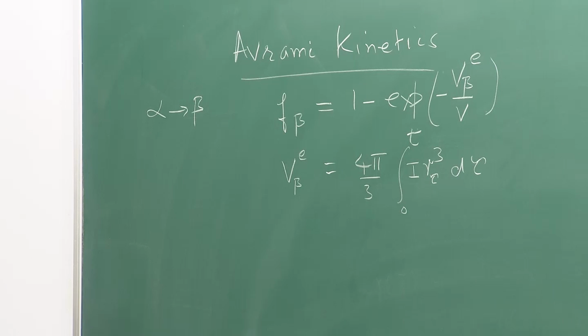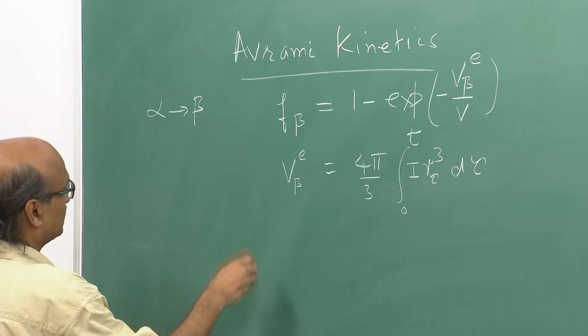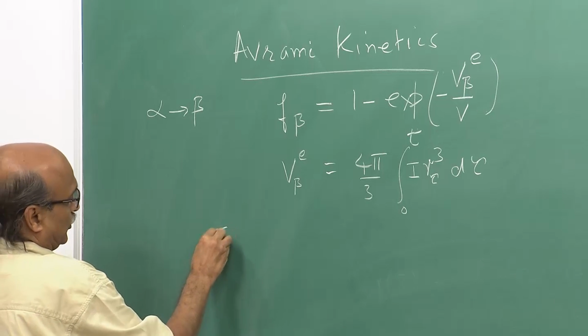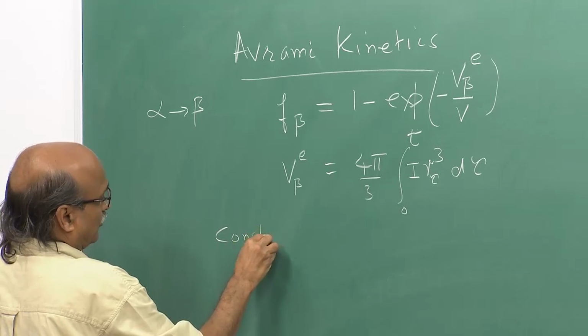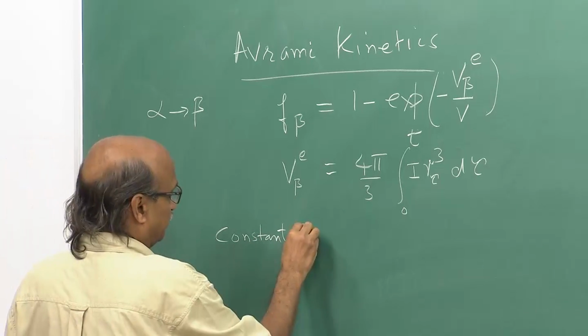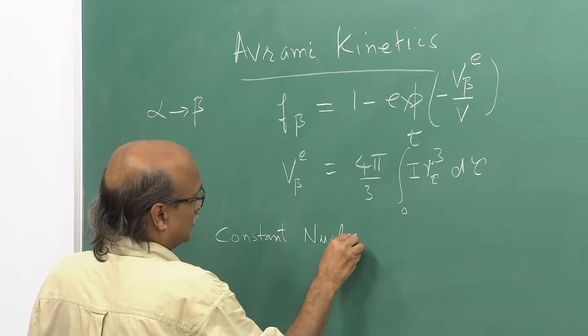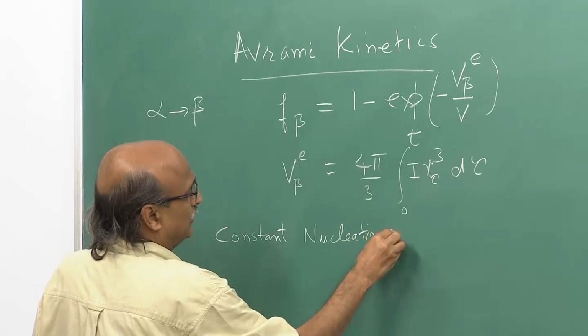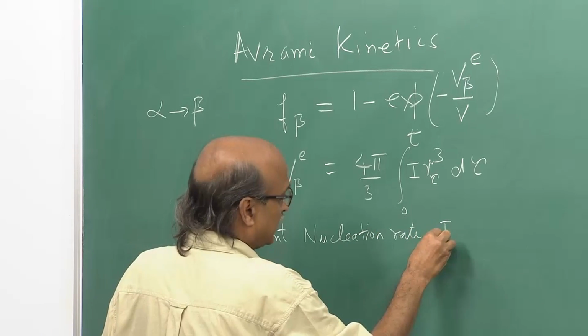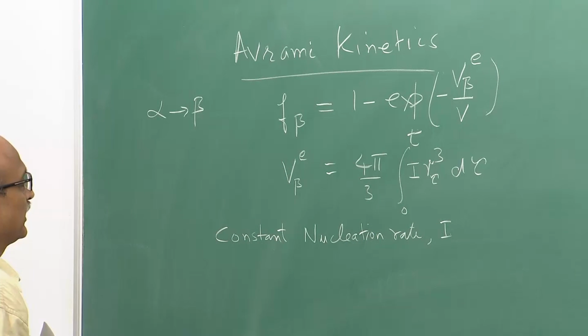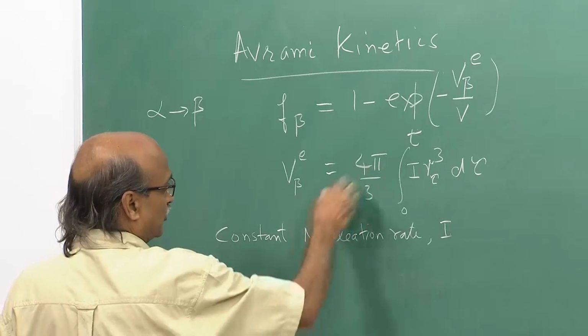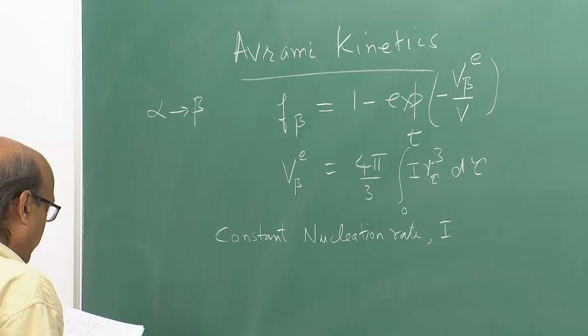And the two cases we had discussed were cases where nucleation rate was a constant. So, constant nucleation rate I, and hence I can be taken out of the integral.